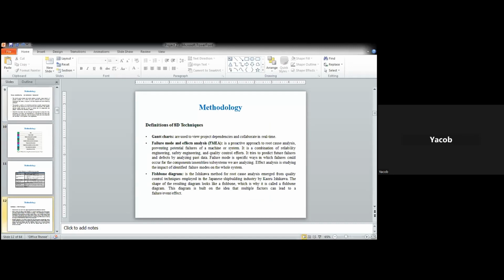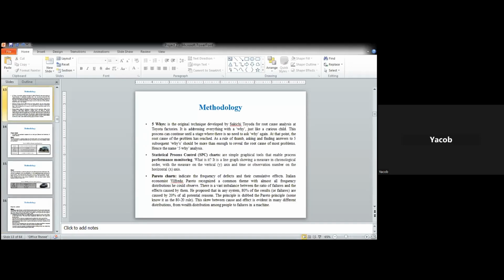We also used different techniques and charts. Gantt charts were used for planning. FMEA was used to understand the different failure modes and their effects. Fishbone analysis is also applied in order to have the whole picture of the causes.